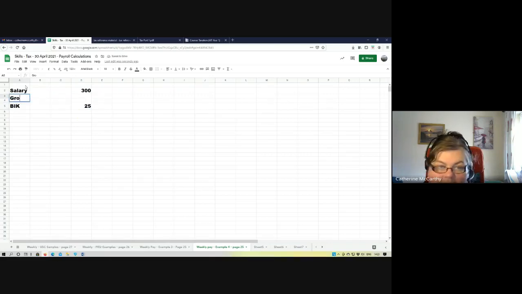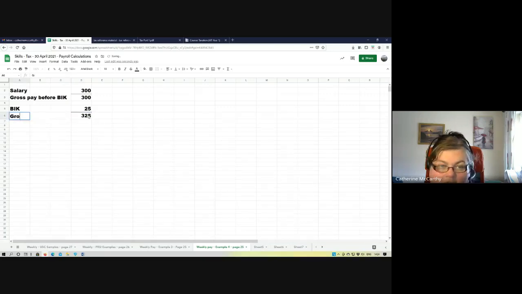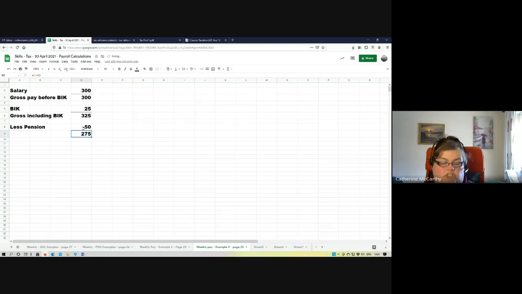So our gross pay before BIK is 300, BIK is €25, so it's 325. That's our gross including BIK. Then less the pension of €50, which brings us down to €275.